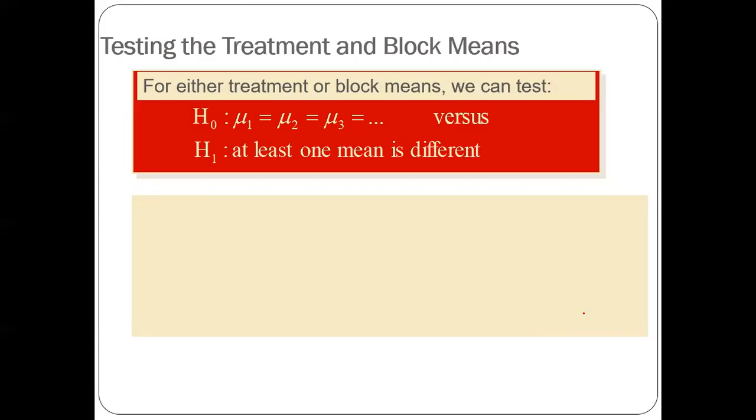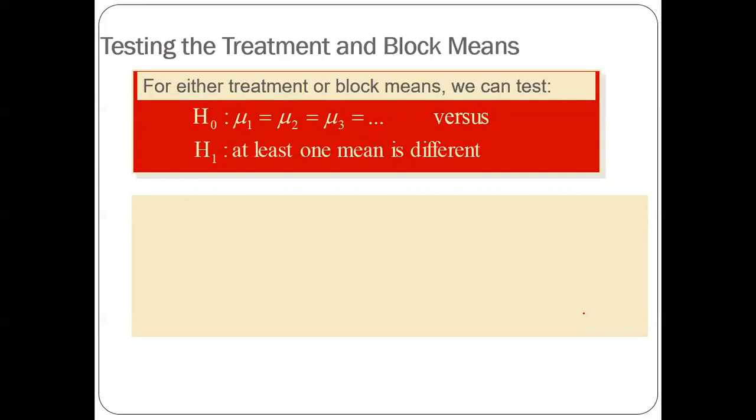Now, how are we going to interpret our analysis or our results? First of all, we must state our hypothesis. Same as in the one-way ANOVA, we must state our hypothesis first. The first one is the null hypothesis.